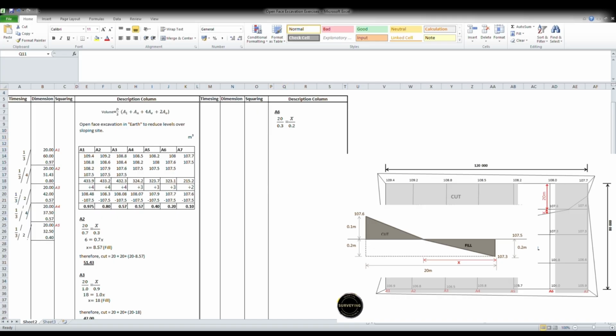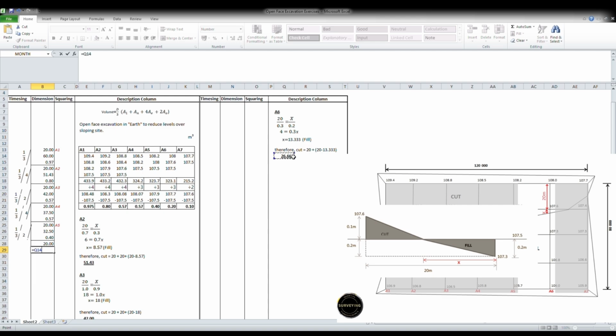And then when we cross multiply, we remain with 4 equal to 0.3x. And then x will be equal to 13.33, but that is for the fill. Our cut will be equal to 20 plus 20 minus 13.333, which gives us 26.667.